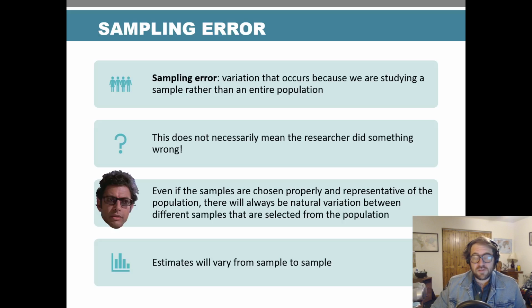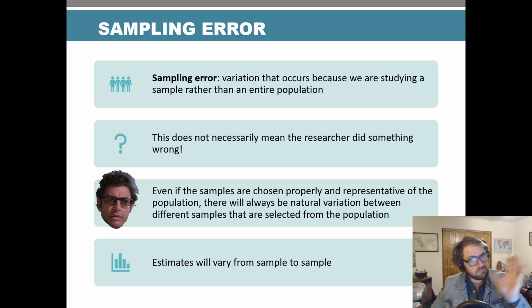I mean, this sounds a lot like an Ian Malcolm from Jurassic Park kind of thing, like a life finds a way kind of moment, but error is just going to happen. You're not going to get the exact mean of the population from a sample.